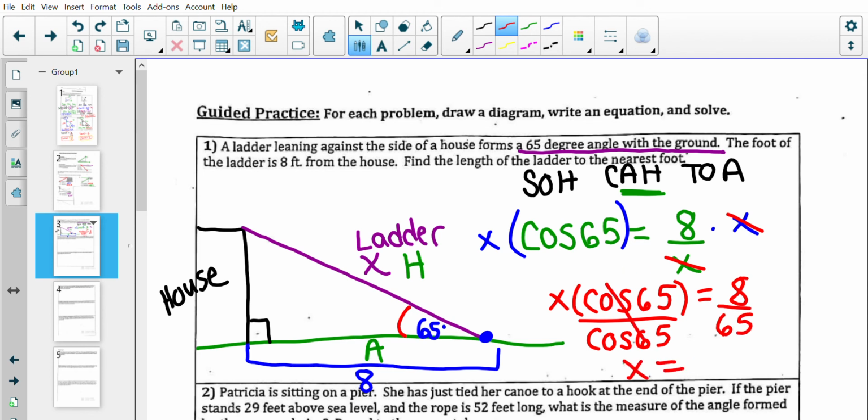X is going to equal 8 divided by cosine 65. In your calculator, you are typing in 8, a division sign, cos 65, and let's round to the nearest foot, which means the nearest whole number, and we will get approximately 19 feet.